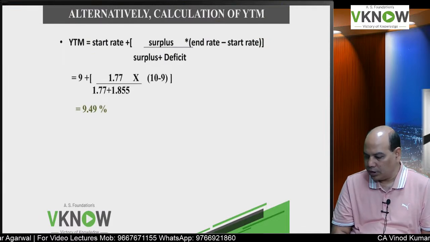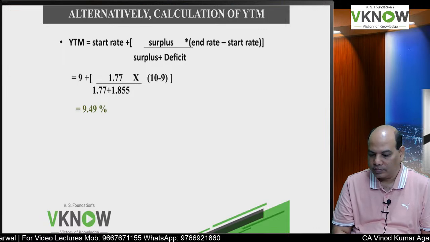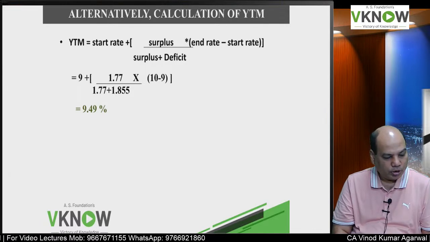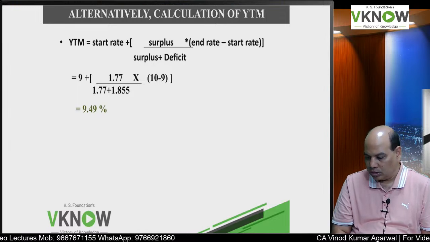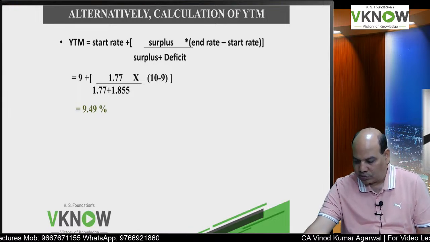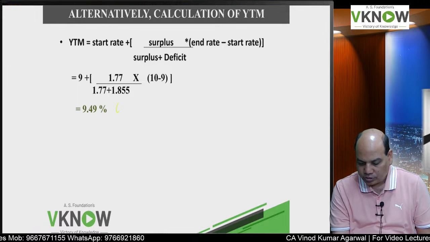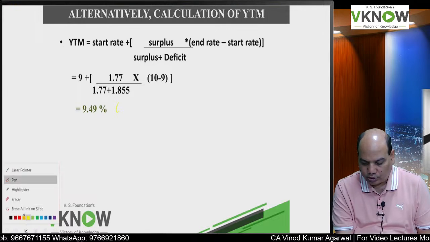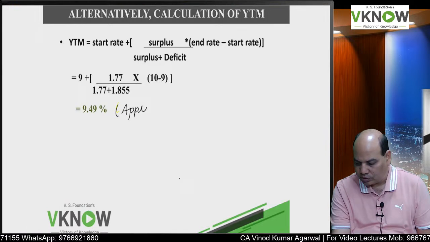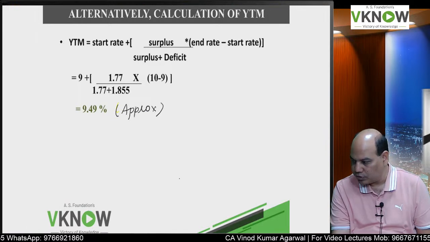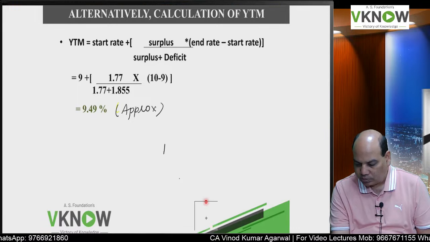So you will get 9.49%. Check. You will get 9.49%, approximately. Write it down approximately, because some difference is possible. If you are getting close to 9.49, you are okay. Write approx in brackets. One student got 9.46. 9.46 is also okay.